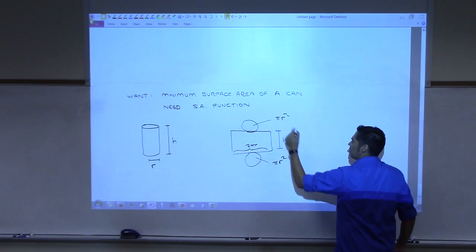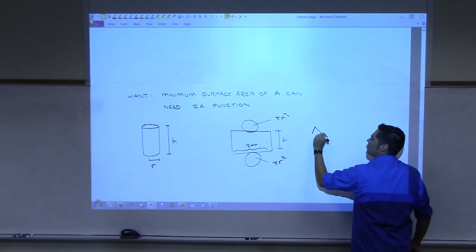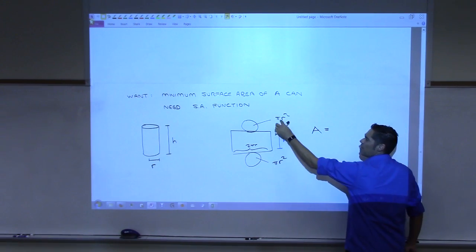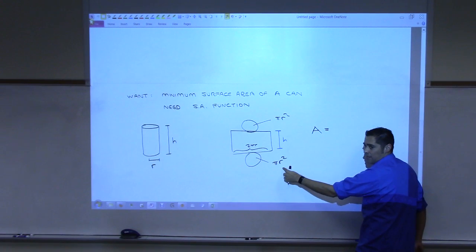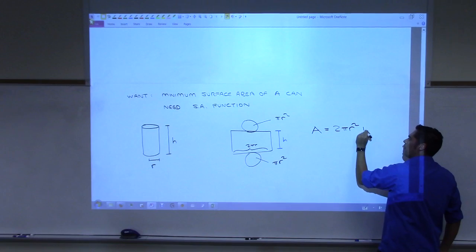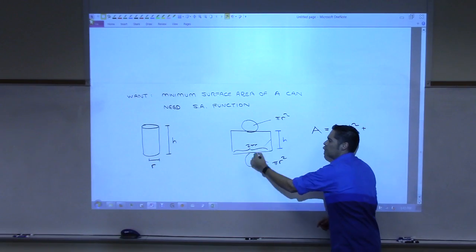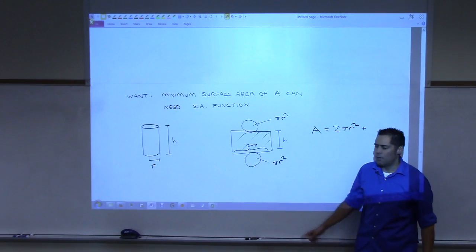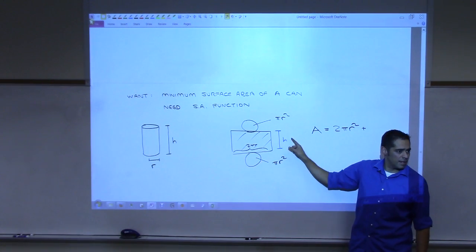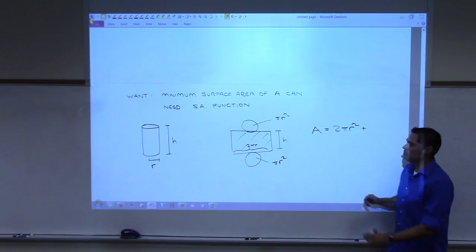All right, so let's put these together. The total area, I'm just going to use A instead of SA for surface area. Total area of this thing should be a pi r squared and another pi r squared added together, which is 2 pi r squared, plus the area of this rectangle in here, which is the width times the height. The width is 2 pi r, the height is h, so 2 pi r h.